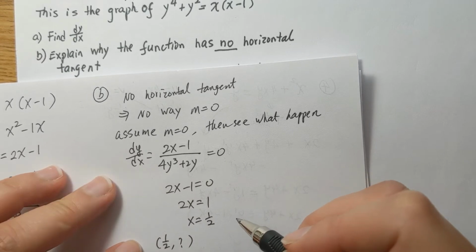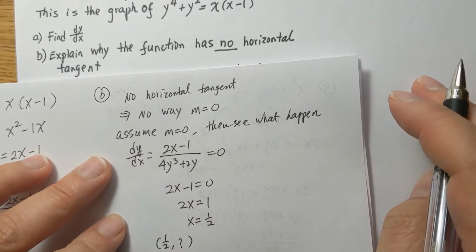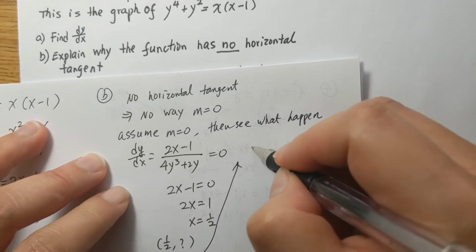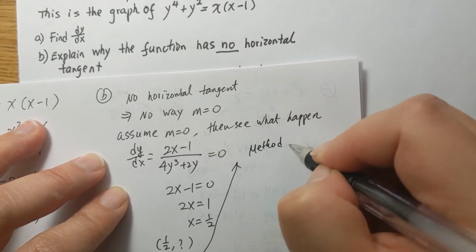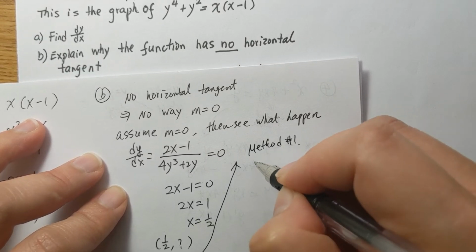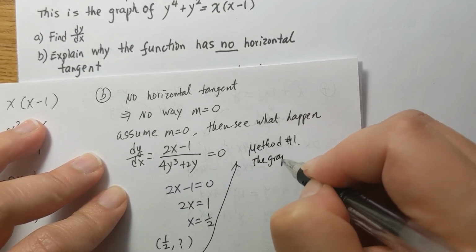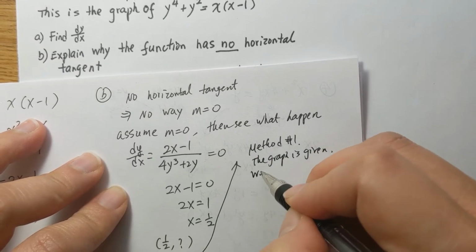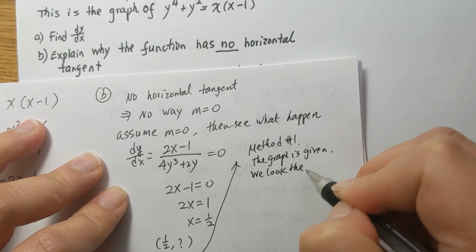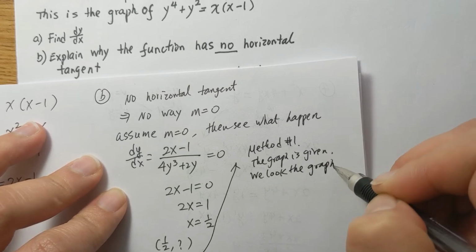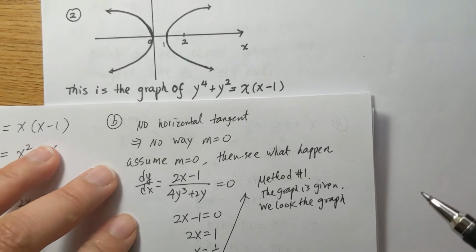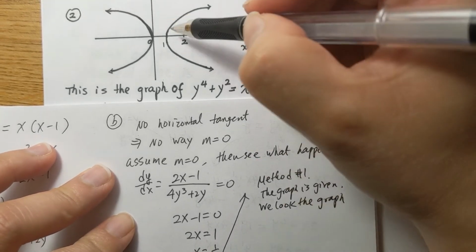Now from here, there are two ways to do it. So let's take a look at the graph. Method number 1. The graph is given. We look at the graph. X equals half.